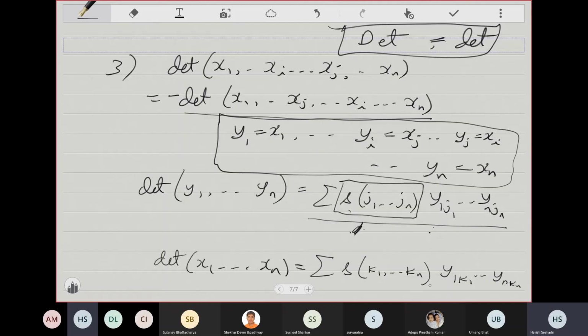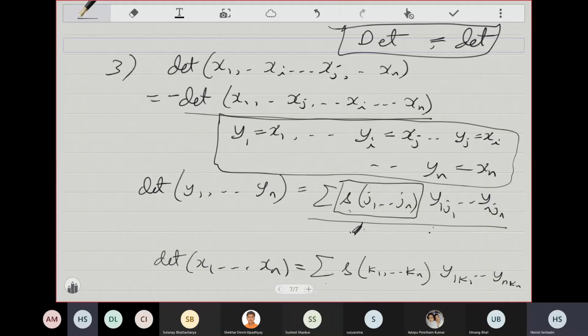There are n factorial terms in this sum, and every one of them corresponds to exactly one term in the other sum.